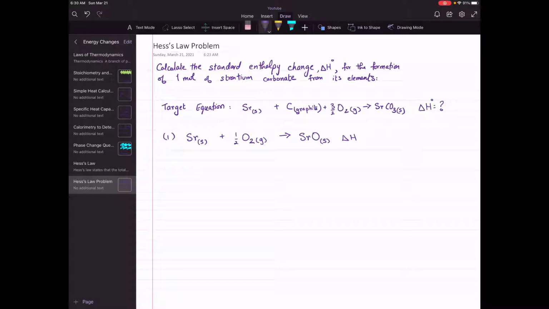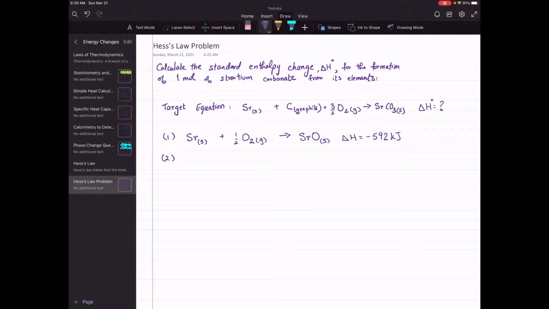And they have given us a delta H value for this reaction as negative 592 kilojoules, which is important to keep track of. Do not put the delta H values in later on. Keep them in proper format, proper ratios, proper signs during the question. Do not try to put in the energies later on.